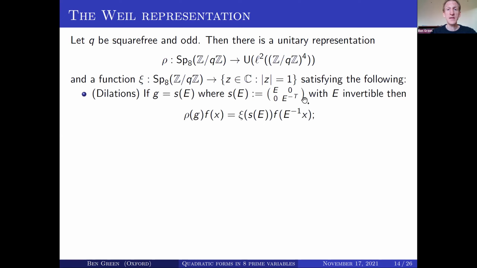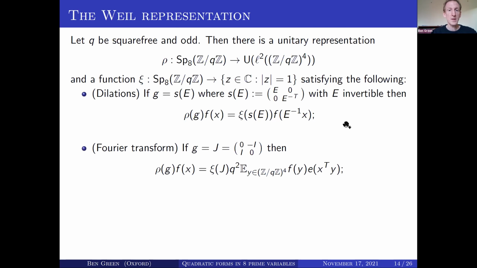So this S of E here, this is a kind of diagonal element, a block diagonal element of the symplectic group. And that element acts by dilation under the Weil representation. So it takes a function f of x, and takes it to f of E inverse of x, twisted by some factor which I want you to ignore.